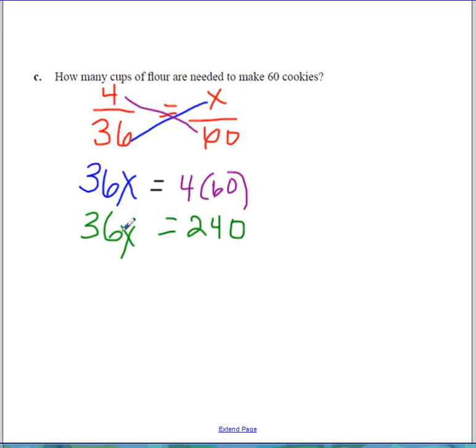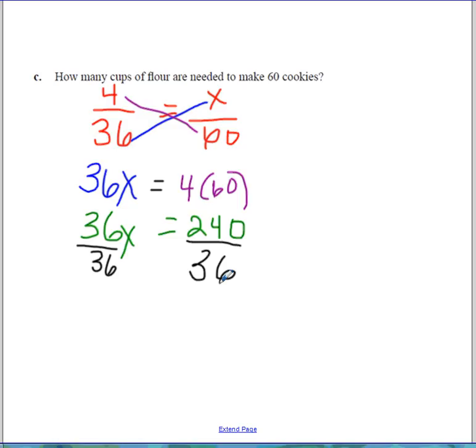With 36 times x, we need to get rid of the multiplication by the opposite, which would be a division. So we'll get rid of this by dividing by 36, and we'll do 240 divided by 36. That is what we saw in our directions to divide both sides of the equation by the coefficient, which just means front number, of the variable.